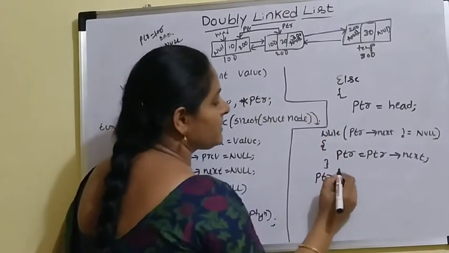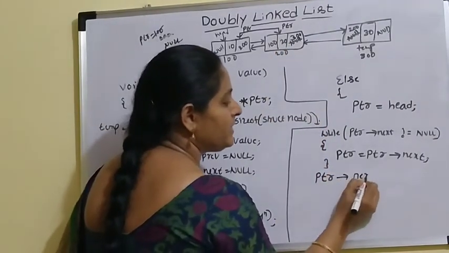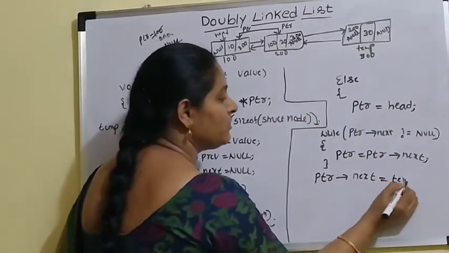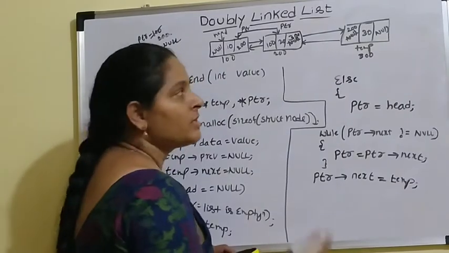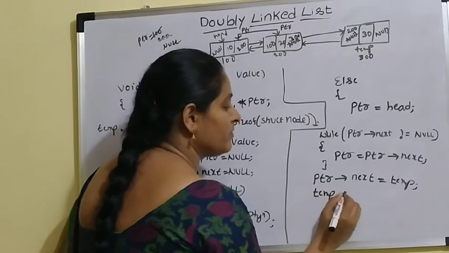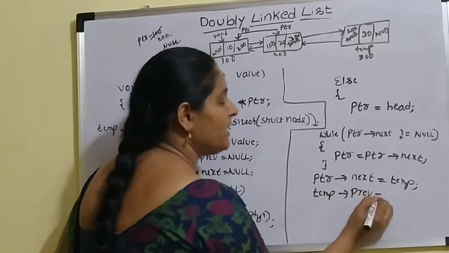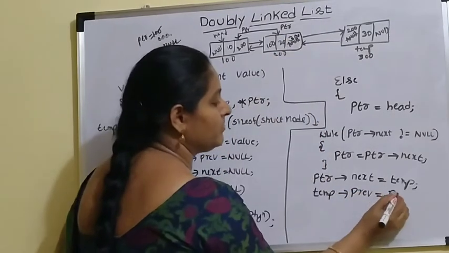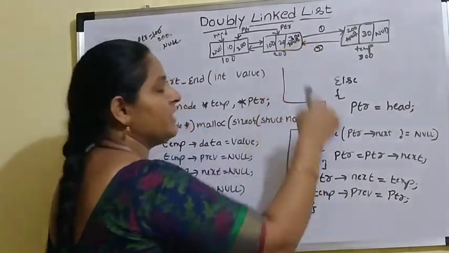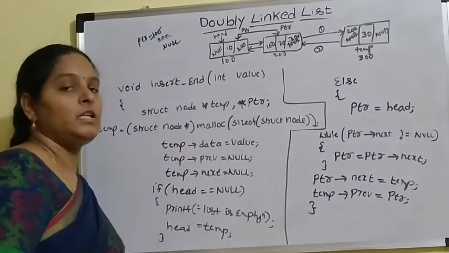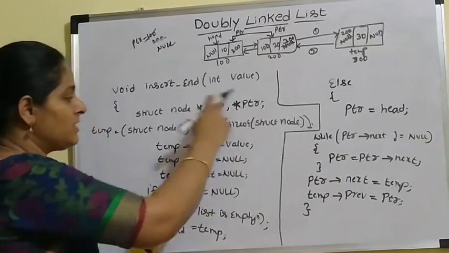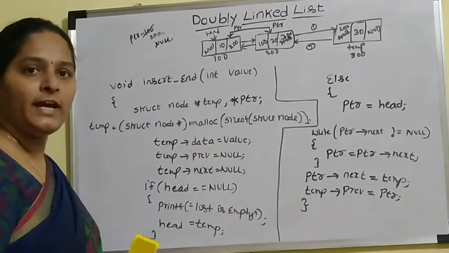In PTR next, we should store the address of the temp node, so PTR next equal to temp. And in temp previous, we should store the address of PTR. These are the only two connections we need to write for adding a node in the last position. So this is the code for inserting a node at the end.